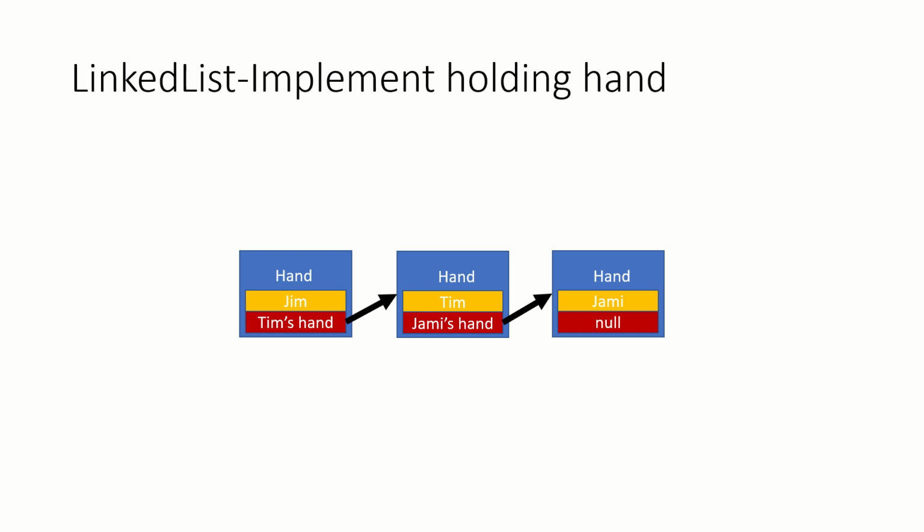So in this semester, we only do one direction linked list, okay? Which means you don't have to think about who is the tail, okay? The last one is always the tail, okay?